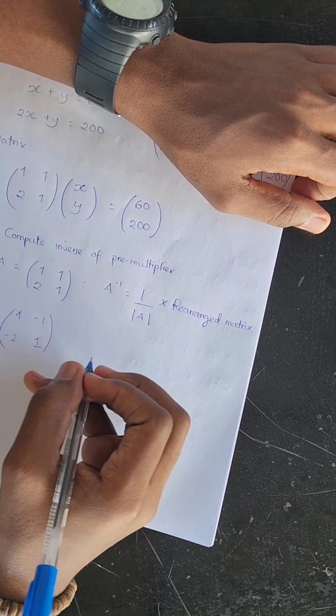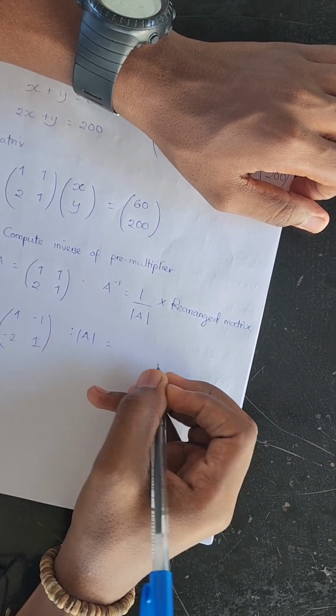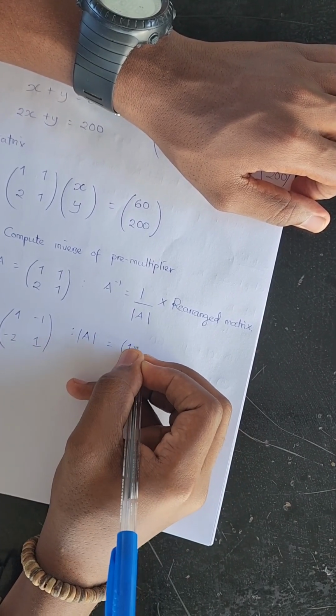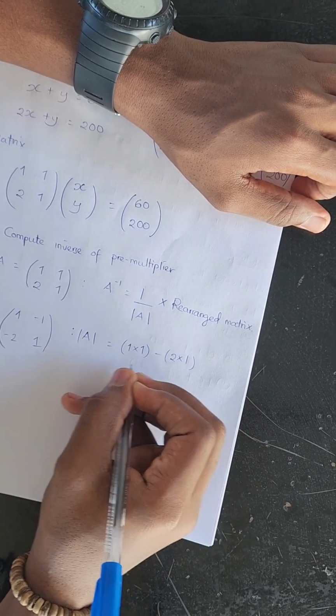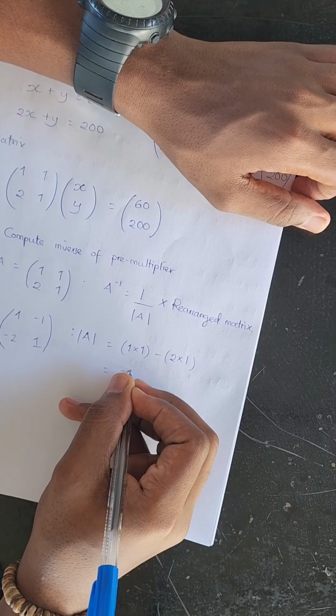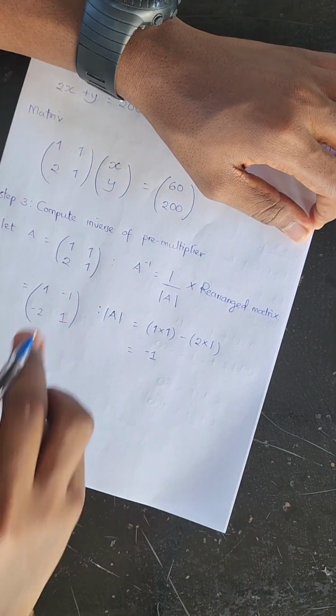Okay, now the determinant will be equal to 1 times 1 minus 2 times 1. This equals negative 1. So our determinant is negative 1 and our rearranged matrix is right here.